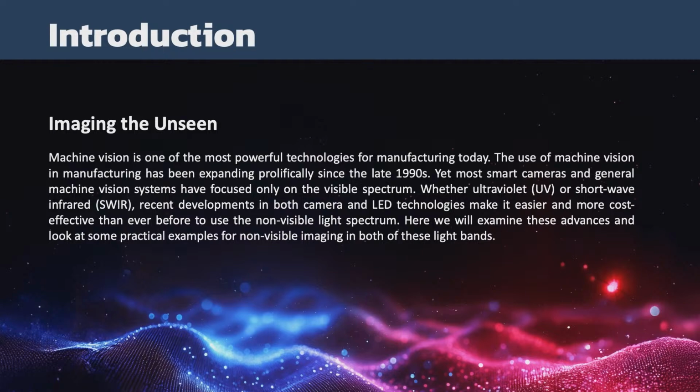If you're well versed and understand these areas, then using the additional areas of imaging offered by UV or SWIR can do things that we cannot do in the visible spectrum, and many of these are useful for typical machine vision tasks. Today, we're going to talk through those advancements, what it means in the equipment, and then some practical examples of how you can use this to your advantage in machine vision inspections.